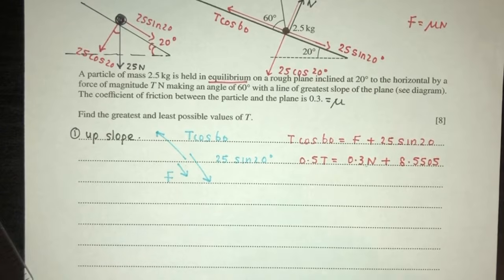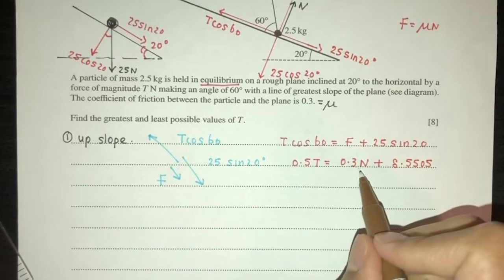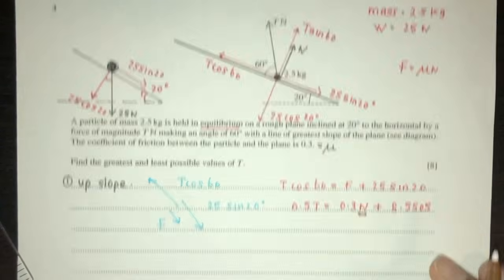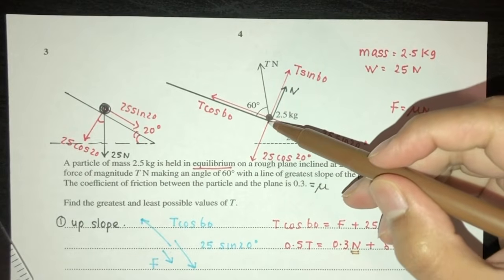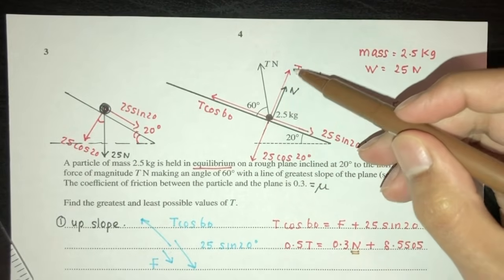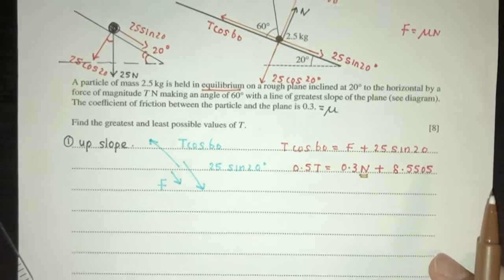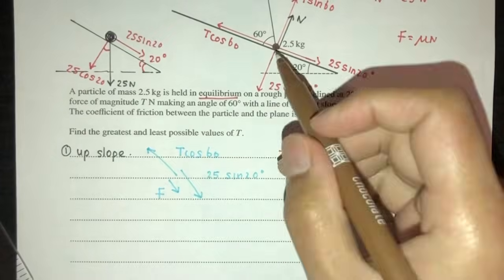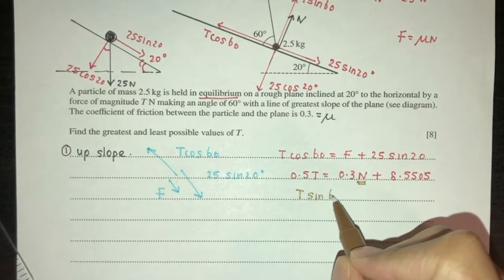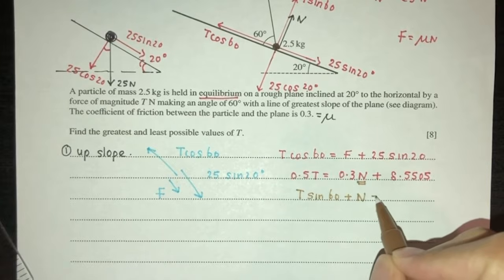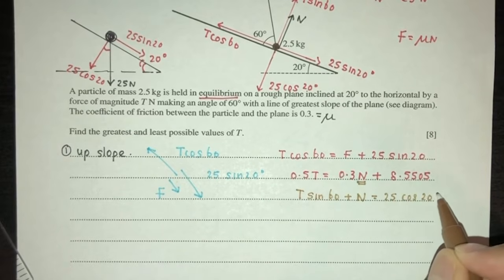Now next thing is we have to find the value of N, right? Because we want to find T for when we go up the slope. So how do you find the value of N? Look at your drawing here. You can see that the resulting force here is equal to this force here because it is in equilibrium. So we have the equation T sine 60 plus N is supposed to give you 25 cos of 20.